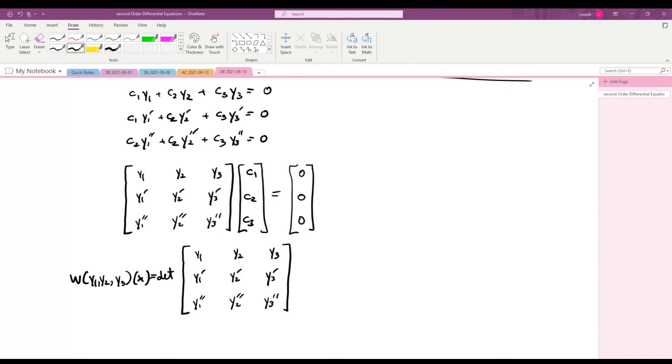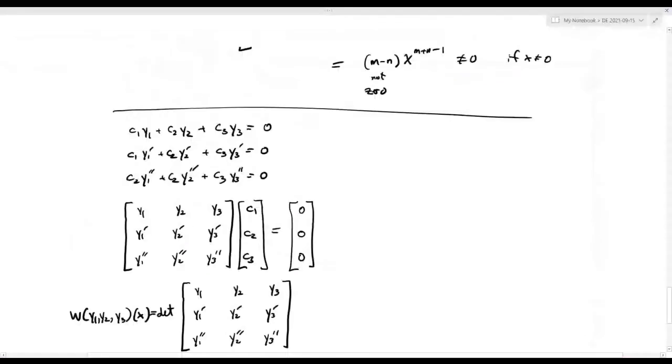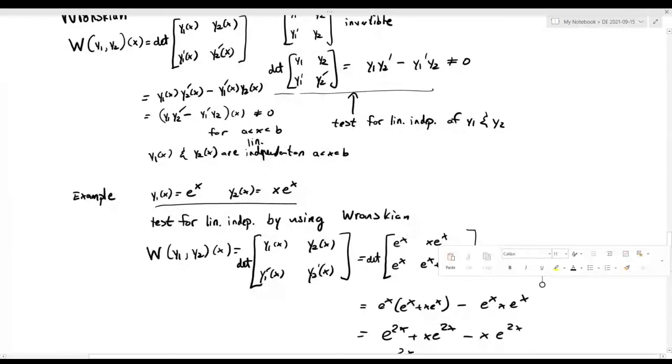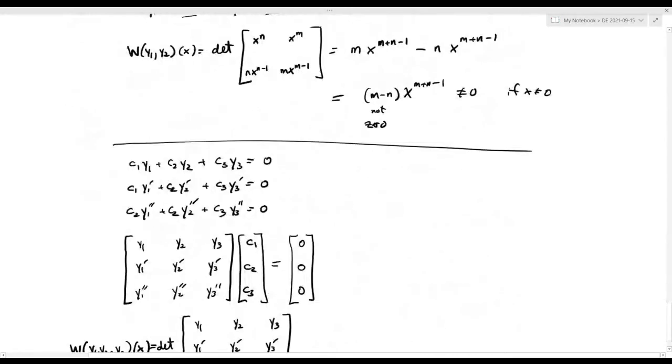So I am discussing the Wronskian as a test for linear independence of functions on an interval.